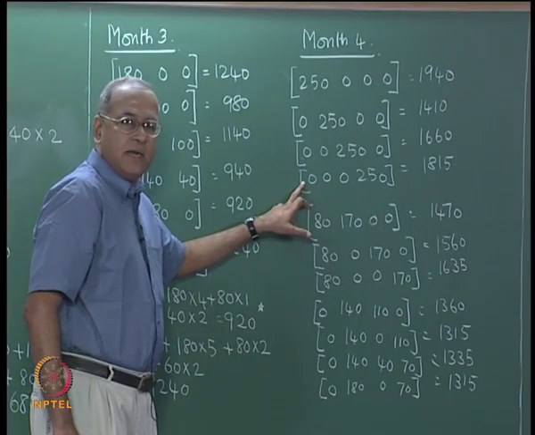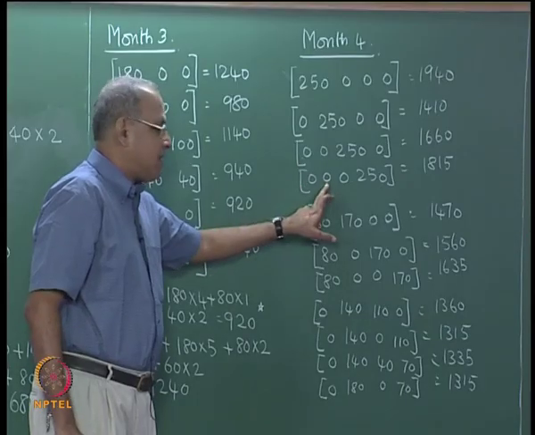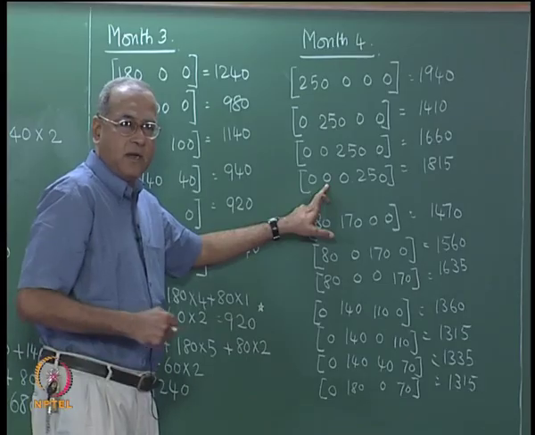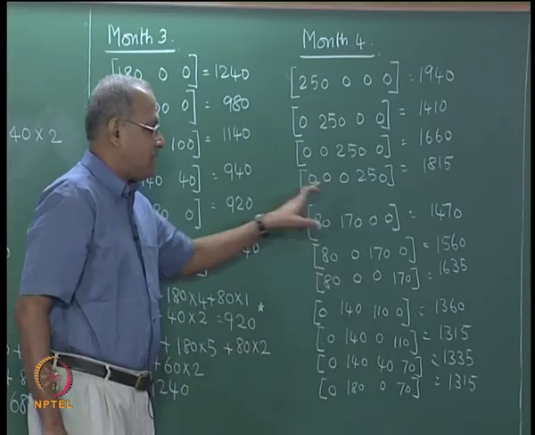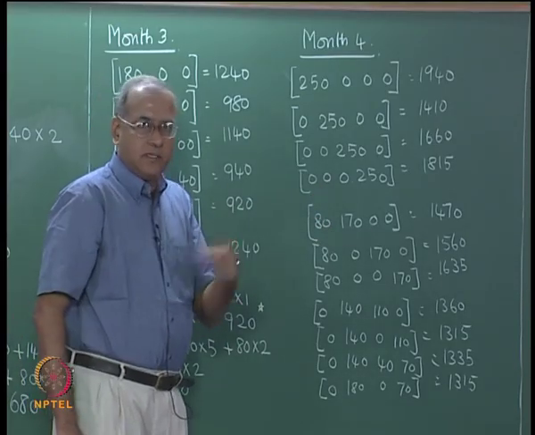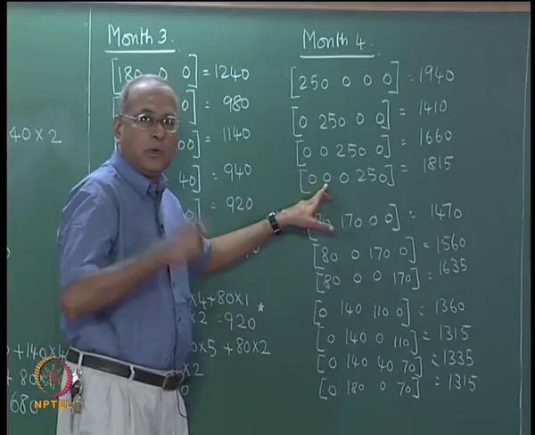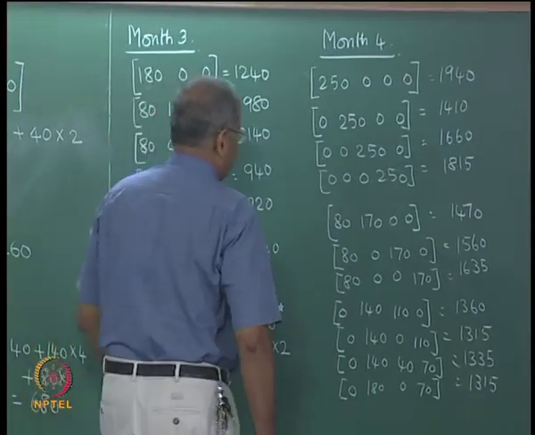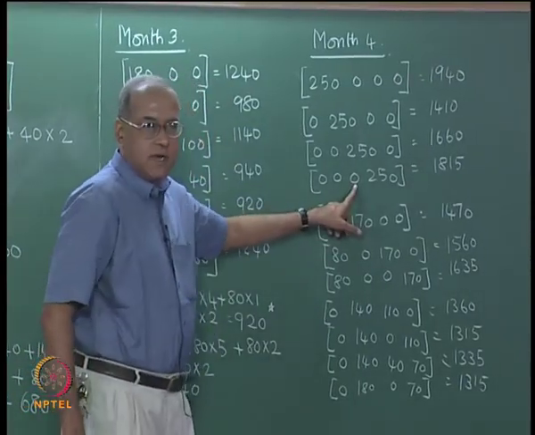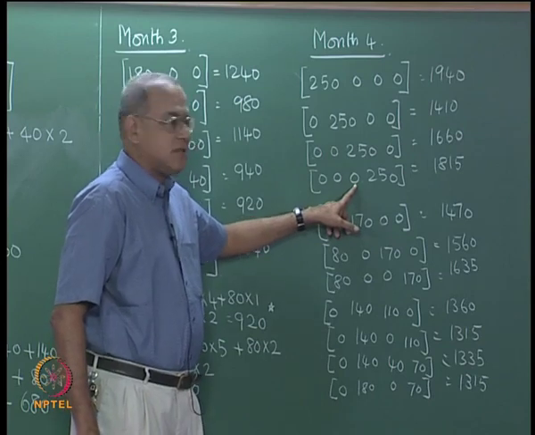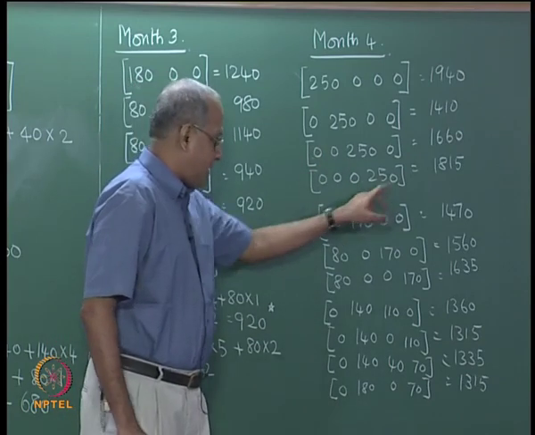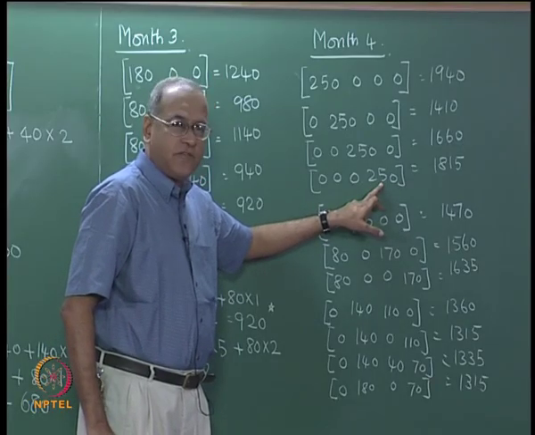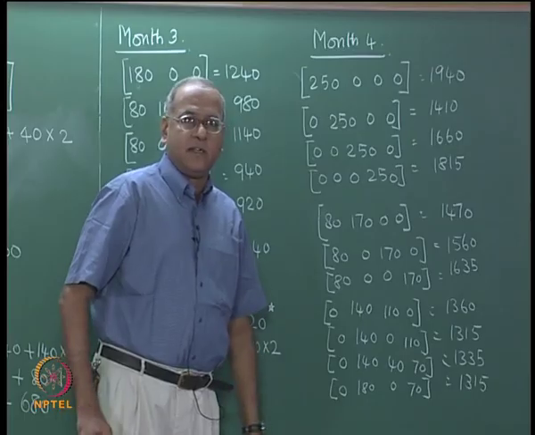So, this will be 80 into 3 into 1. Here it will be 60 into 2 into 2, because the 60 demand is back ordered for 2 periods, the cost of back order in that period is 2. And in this one it will become 40 into 1, because the other 40 is back ordered for 1 period, the cost is also 1. So, that when added with the setup cost of 45 and production cost of 350 would give us 1815.